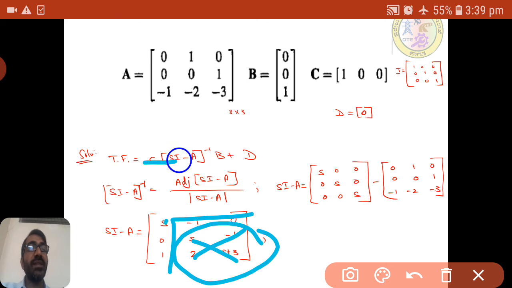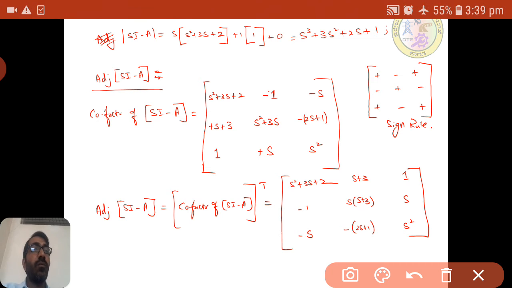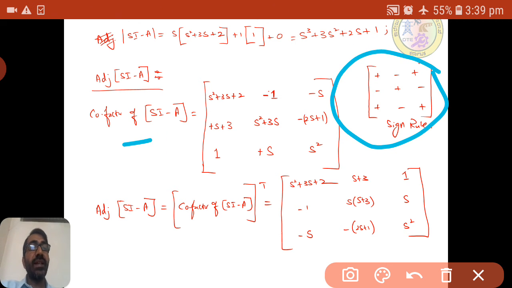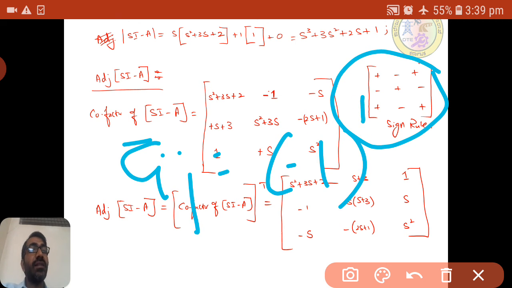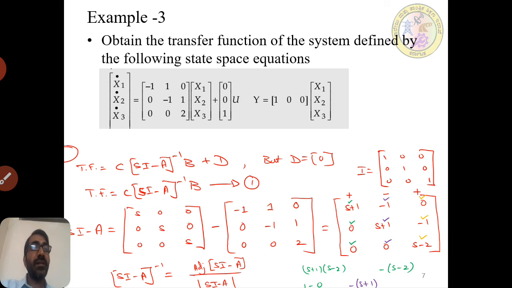If in this place it is plus, the next term will be minus. The sign is given by Cij equals minus 1 raised to i plus j. Like this we find the cofactors, then take the transpose of that.